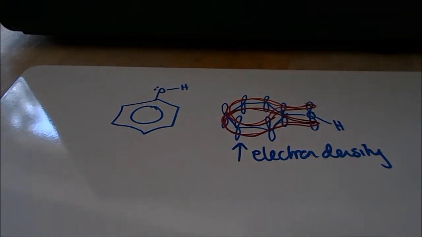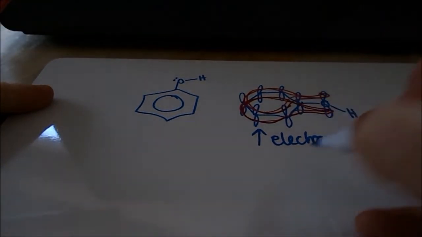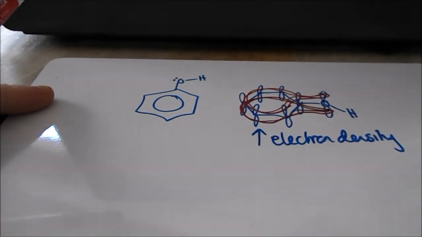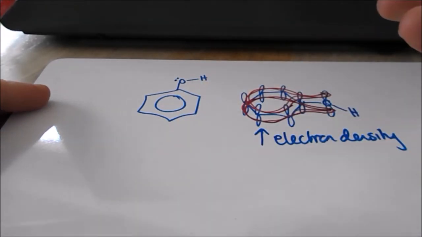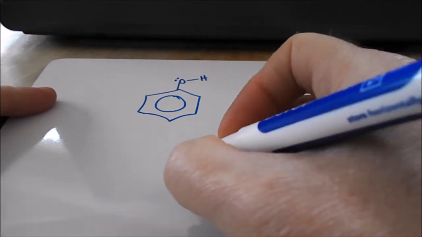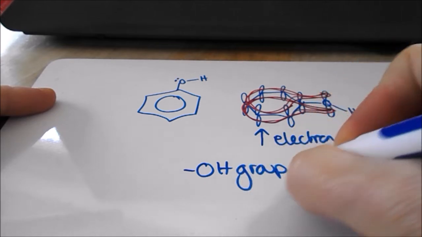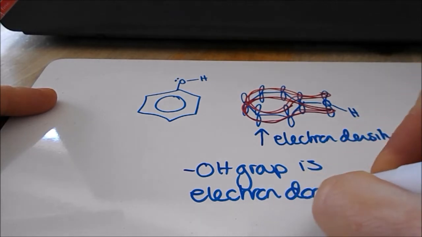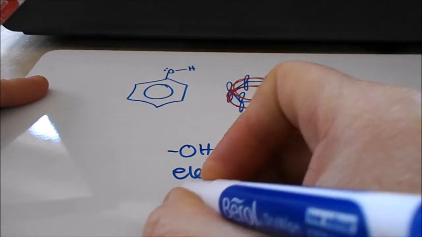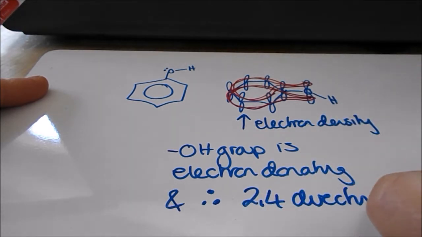So when we're linking bits and pieces together, if we have groups that increase the electron density, then they tend to be 2,4 directing. So when we're explaining why we get substitution in the 2 and 4 positions, we could say that the OH group is electron donating and therefore 2,4 directing.